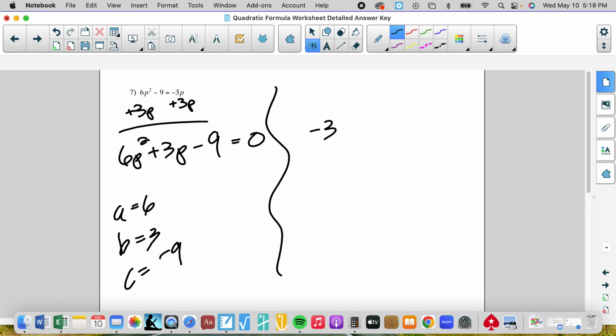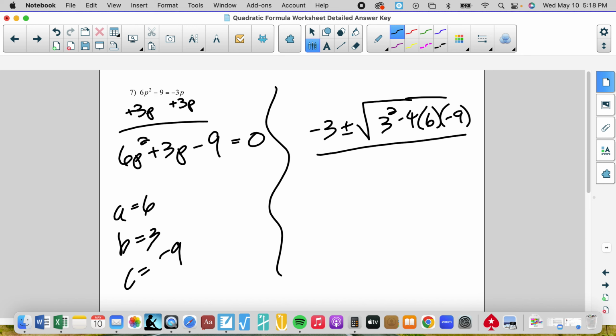Opposite of b, plus or minus square root of b squared, minus 4 times a times c, all over 2 times a. Ooh, this looks like it's going to be a good one. Negative 3 plus or minus 9 plus, what's 24? 24 times 9.